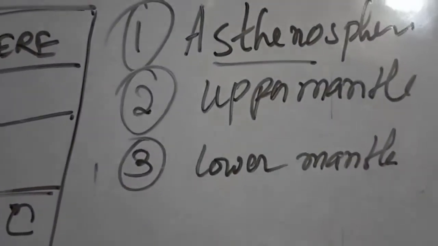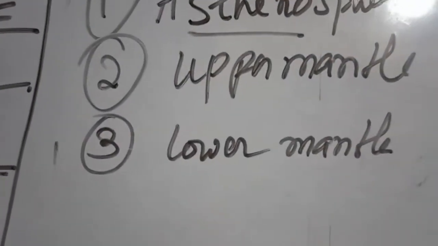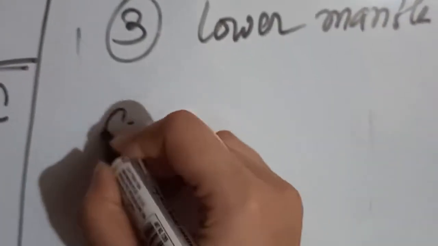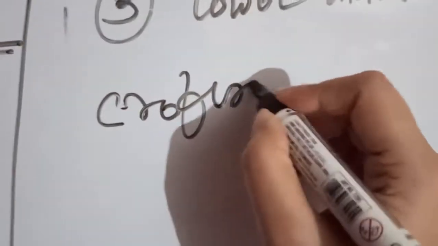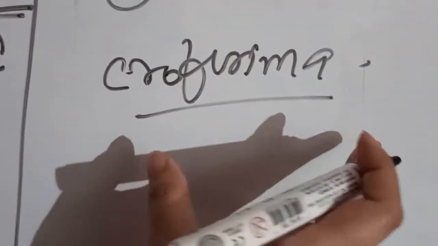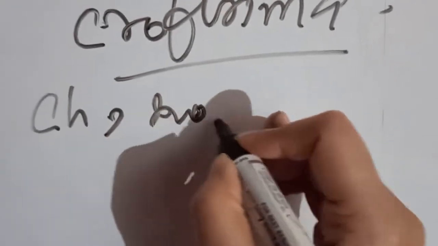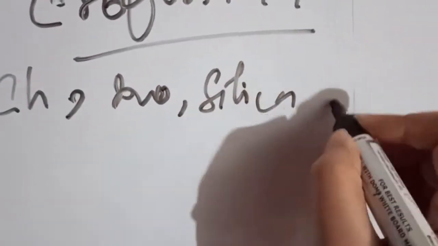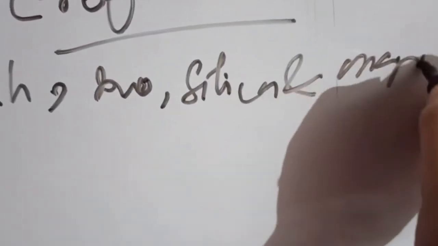The upper mantle is also known by another name, Crofesima, because of the presence of different types of minerals like chromium, iron, silicon and magnesium.